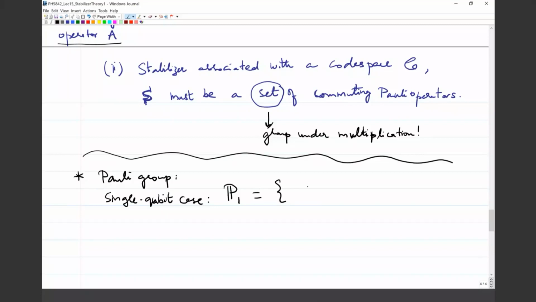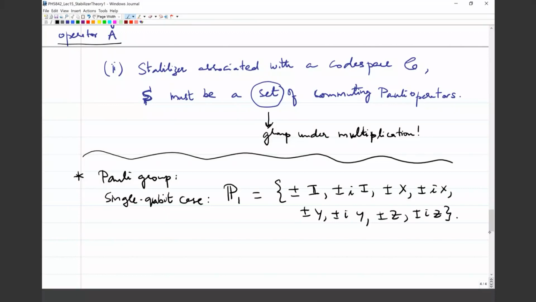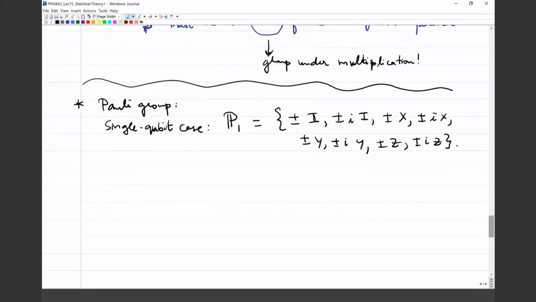And now I'm going to put some prefactors also. There's plus minus identity, plus minus i times identity, plus minus X, plus minus i times X, plus minus Y, plus minus i times Y, plus minus Z, plus minus i times Z, right?